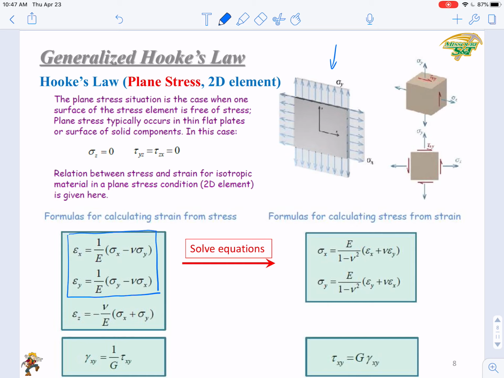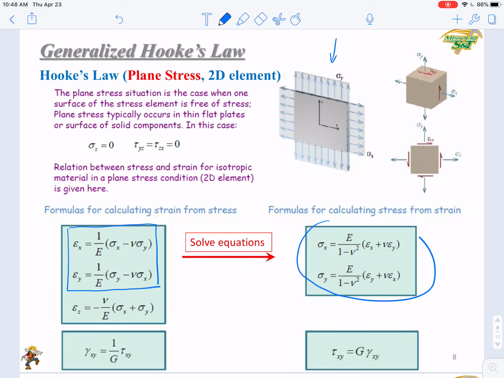In these two equations, if you consider the strains as known values and the stresses sigma x and sigma y as unknowns, you can solve them. Two unknowns, two equations, you can solve them.